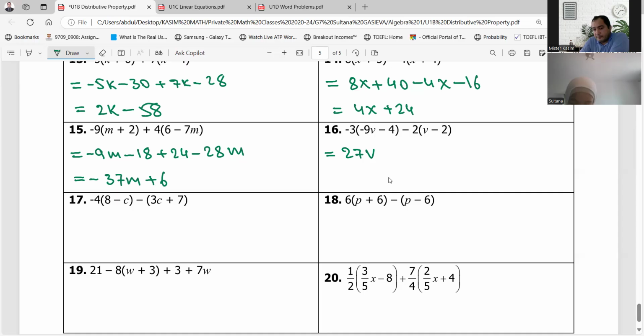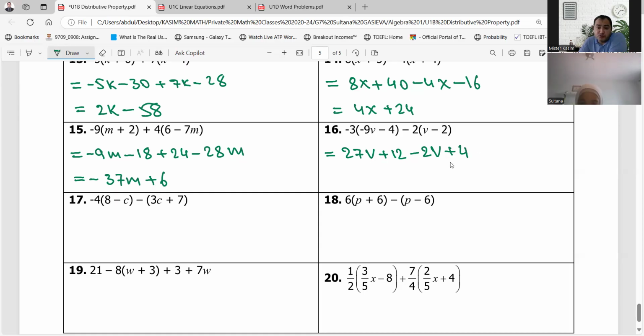Negative 3 times negative 4, this is positive 12. What is 3 times 4? 12, right? Okay. And minus 2 times V is negative 2V, right? Negative 2V. What is negative 2 times negative 2? Positive 4. Okay. This is positive 4.